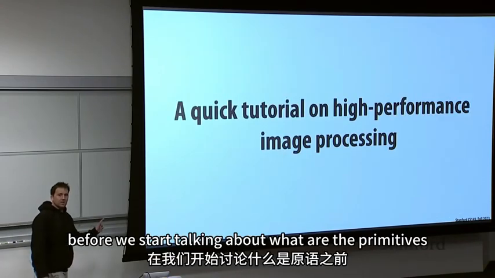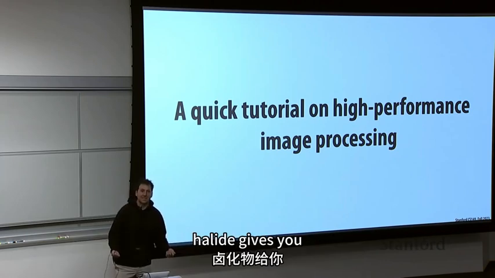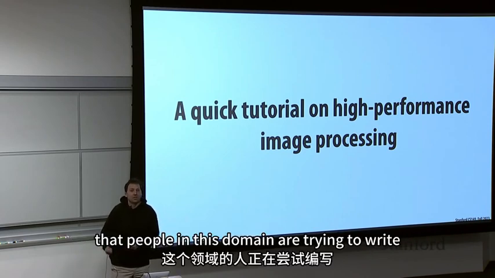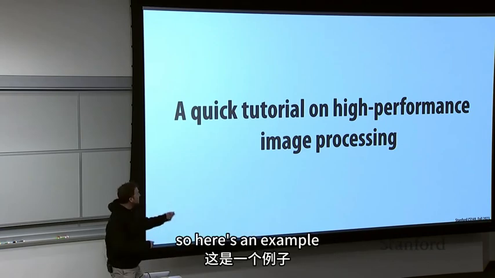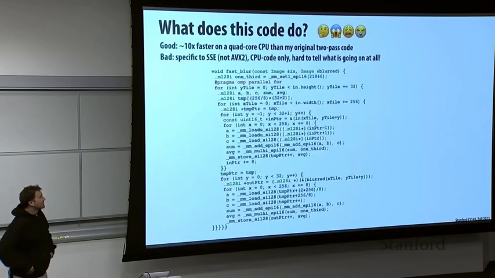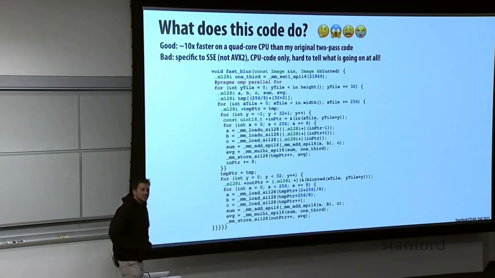Before we start talking about what primitives Halide gives you, we have to talk about what is the workload that people in this domain are trying to write. So here's an example, and I'm curious, in 30 seconds or less, can you tell me what this code does?